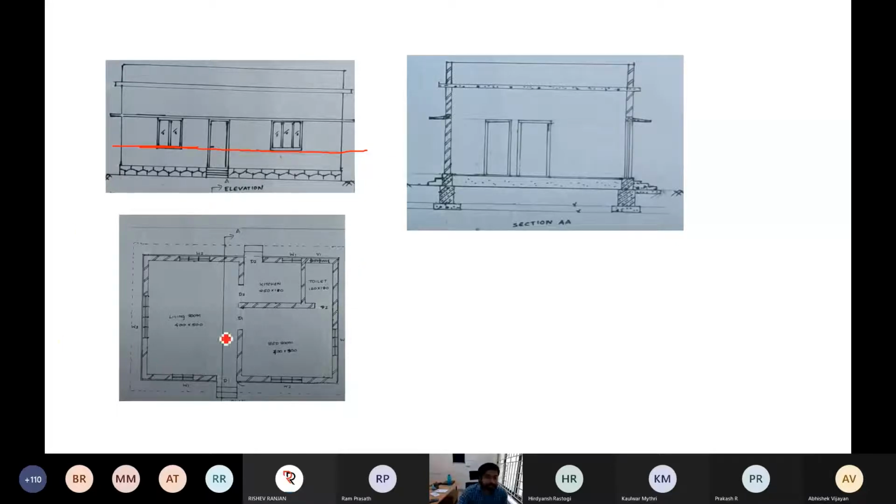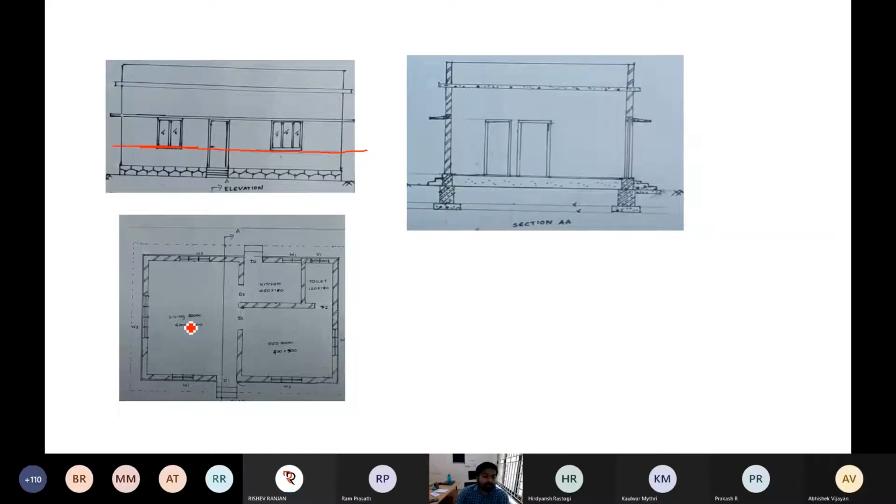If I am giving one line diagram, the first step you have to do is make it to an appropriate scale. Here inner dimensions are given. Living room inner dimension is 400 into 500. The wall thickness is 20 centimeter. And bedroom dimension is 400 into 300.